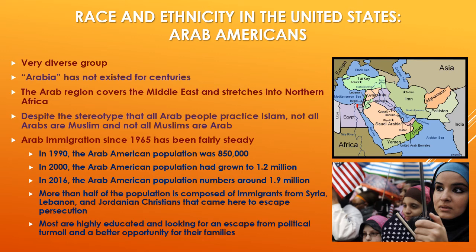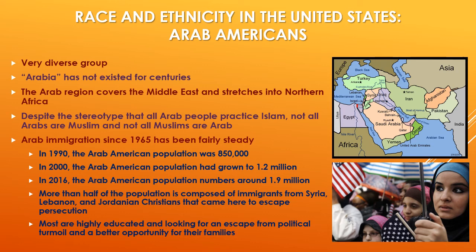Despite the stereotype that all Arab people practice Islam, not all Arabs are Muslim, and not all Muslims are Arab. Since 1965, Arab immigration to the U.S. has been fairly steady. From 1990 to 2016, the Arab American population grew from 850,000 to almost 2 million.